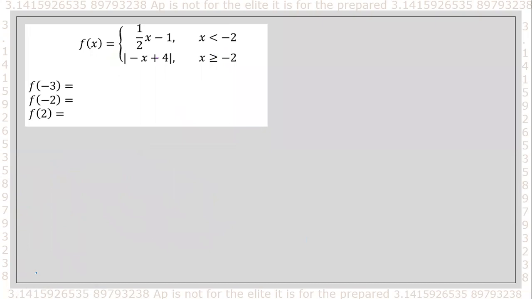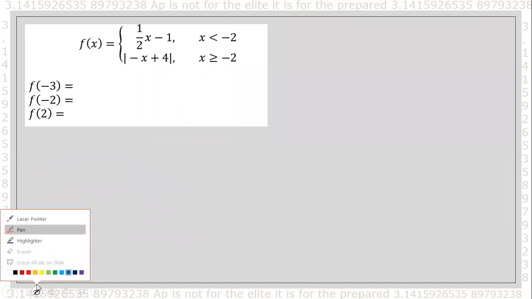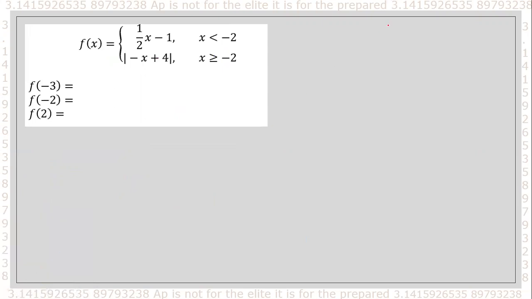Alrighty. Last but not least, how about evaluating? So similarly, what I want you to know is you can make a little chart, and this is going to be the restriction. So it says -2, and you can decide on what part of the function this belongs to. So this is when x is less than -2.